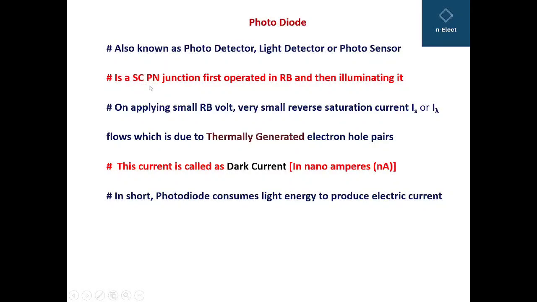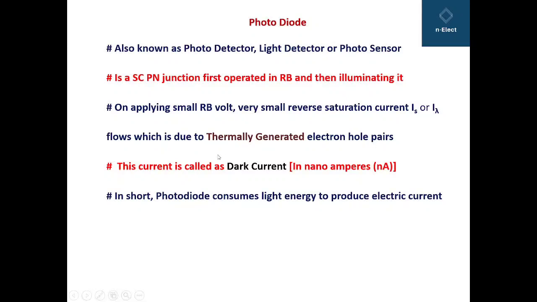It is basically a semiconductor PN junction which is first operated in reverse bias and then illuminated. On applying small reverse bias voltage, very small reverse saturation current initially flows through the photodiode, which is represented as Is or I lambda, which flows because of the thermally generated electron hole pairs.